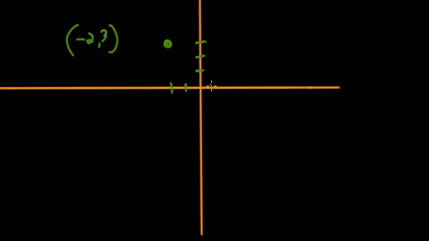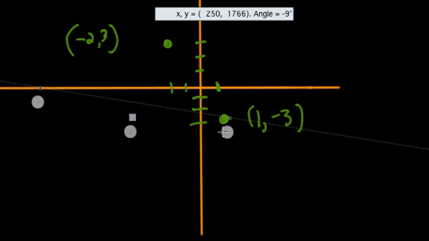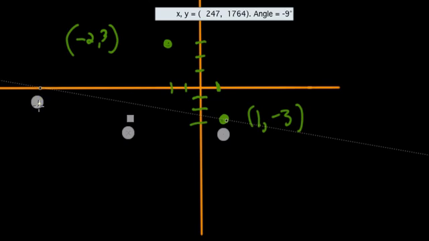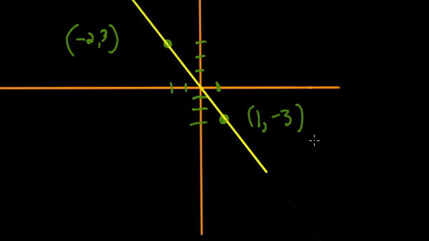The other point is 1, comma, -3. So there's 1, comma, -3. Get our ruler back out. Go to yellow for our line. There. All right, so there's my line.